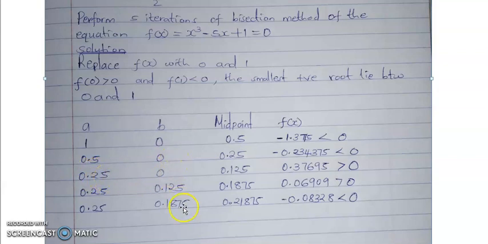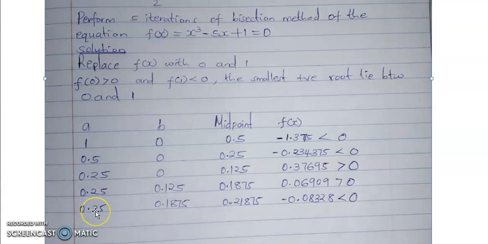You continue that way until you get the 5 iterations. You can clearly see this is the first iteration, the second, the third, the fourth, and the fifth.